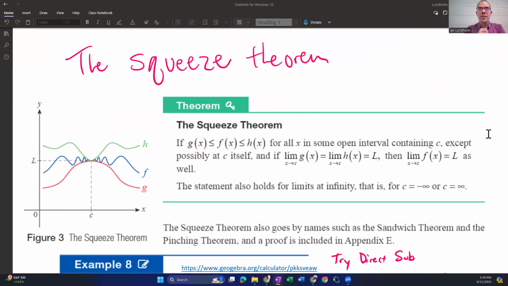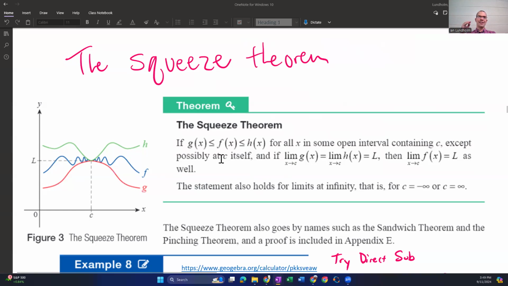For this theorem to be set up, we need functions that behave in this way. f of x is the misbehaving function in the middle. We need to have another function h that is always bigger than our misbehaving function. We need a different function g that's always smaller than or equal to our misbehaving function.